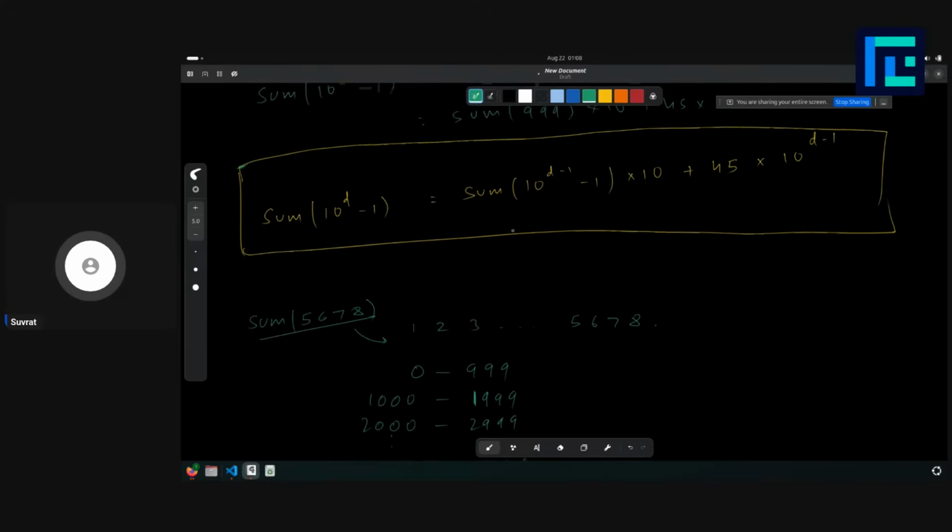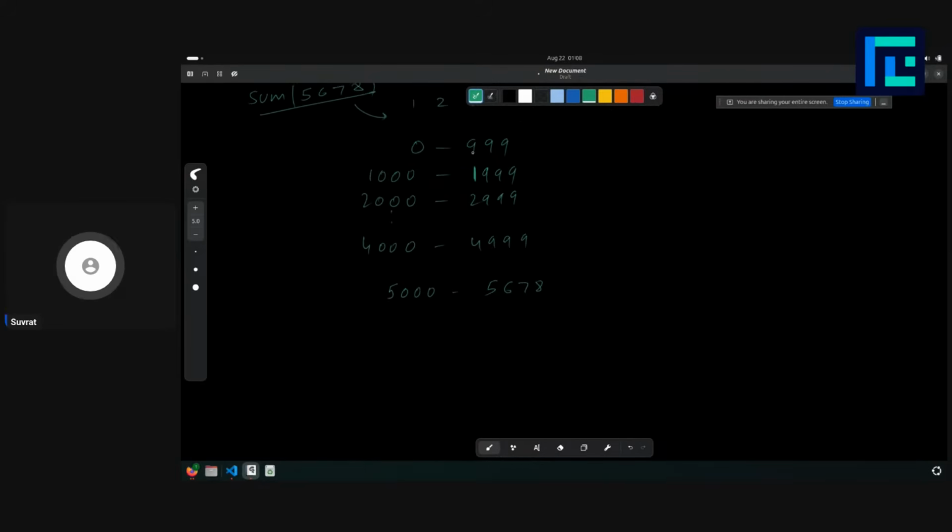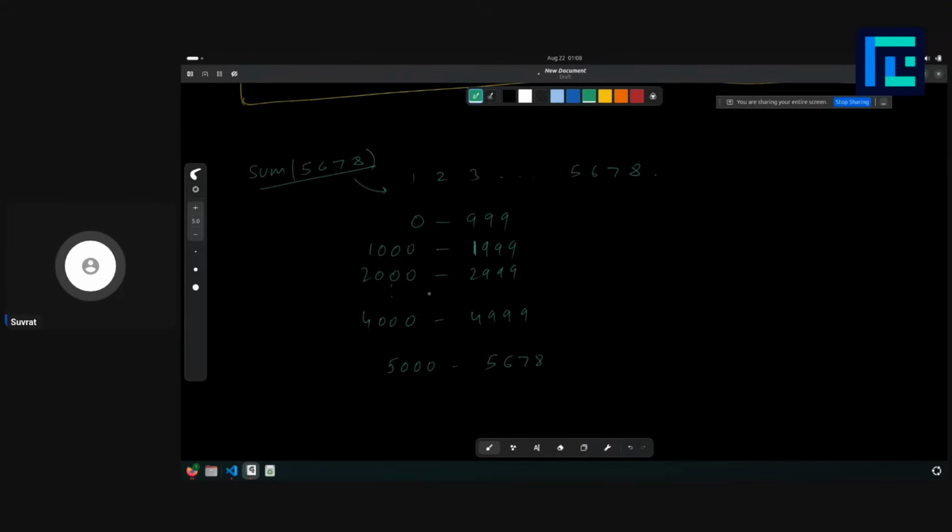So what we were doing above, we can try to follow the same tactic here. What we can do is we can separate the 0 to 999 sums everywhere. So for these 4, what we will get is sum till 999 into 4, and then I need to add for 1, 2, 3, 4.